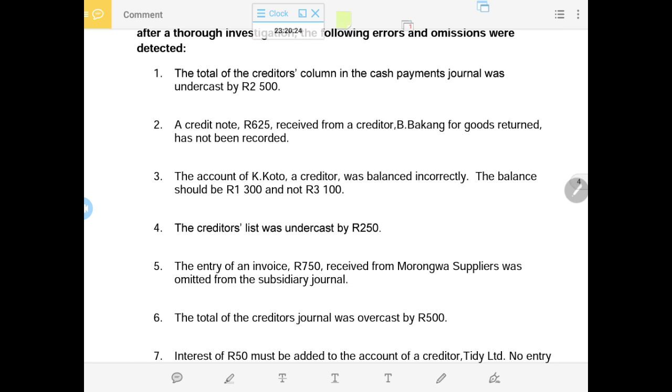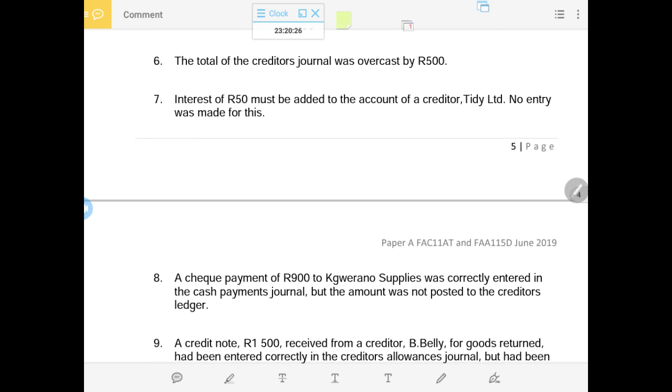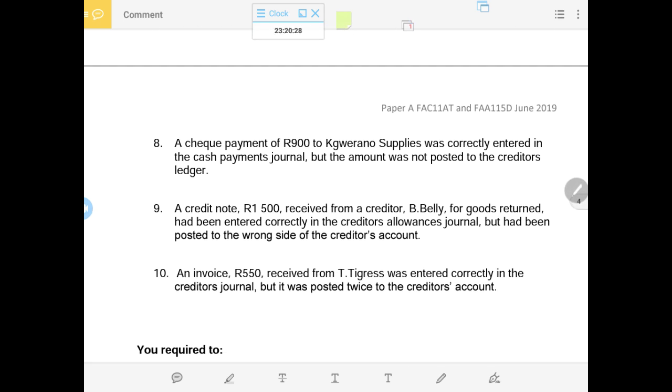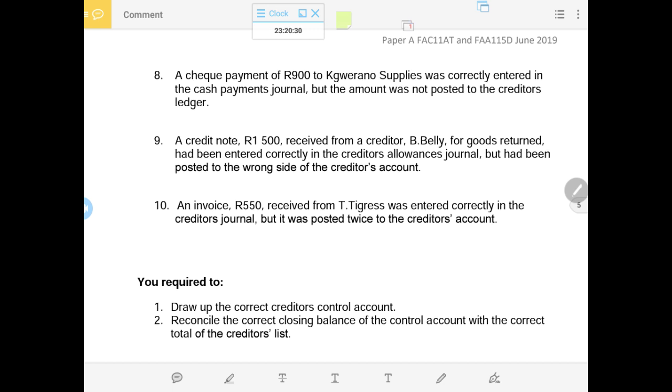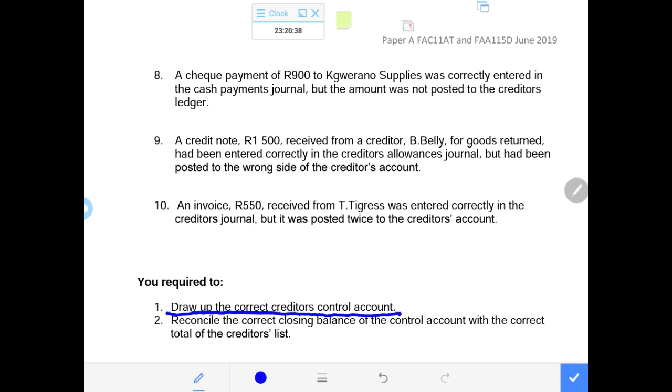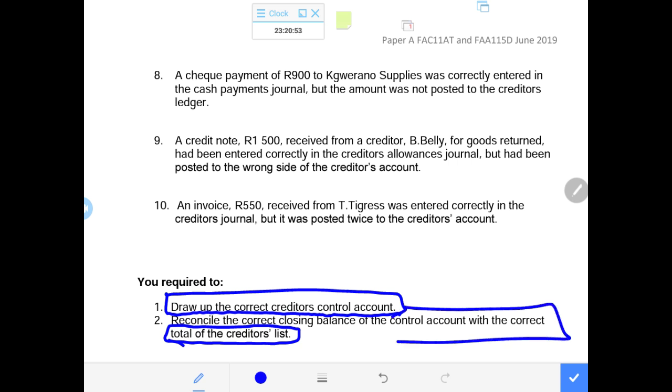Now let us just verify that from our requirements we have additional information, and our requirements state that we are to draw up the correct creditors control account, then reconcile it with the closing balance of the total list of creditors. As I did mention to you, that is the focus of our reconciliation for this exercise.